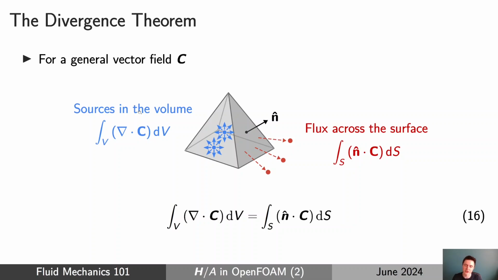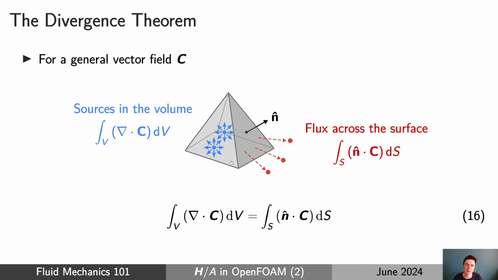And so what the divergence theorem says physically, without going through the derivation mathematically, is that the volume integral, or the total source of C within the volume, must balance the flux of C across the surface. And think of this as, if you're creating C inside the volume, it has to leak out somewhere, and the amount that leaks out is equal to the amount that you've generated. That's how I physically think about this.